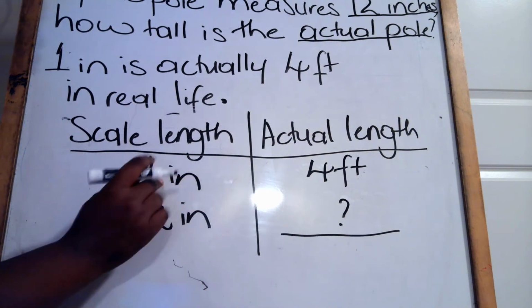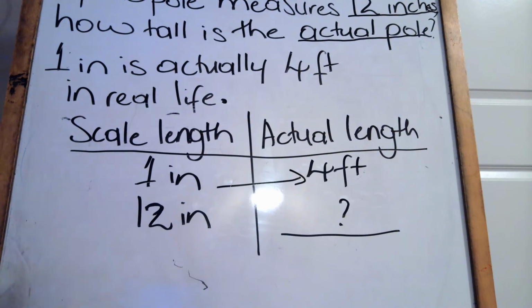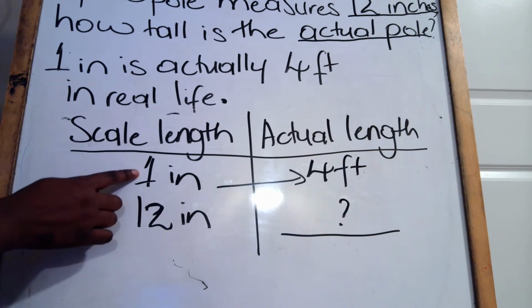What can we do to 1 to get 4? It is never adding or subtracting. It's either you multiply or you divide. So how did I get from 1 to 4?